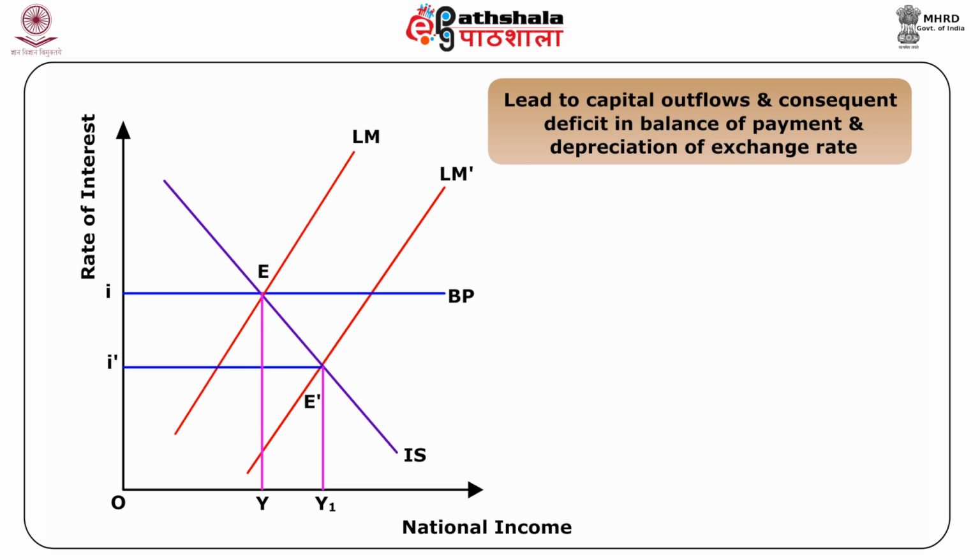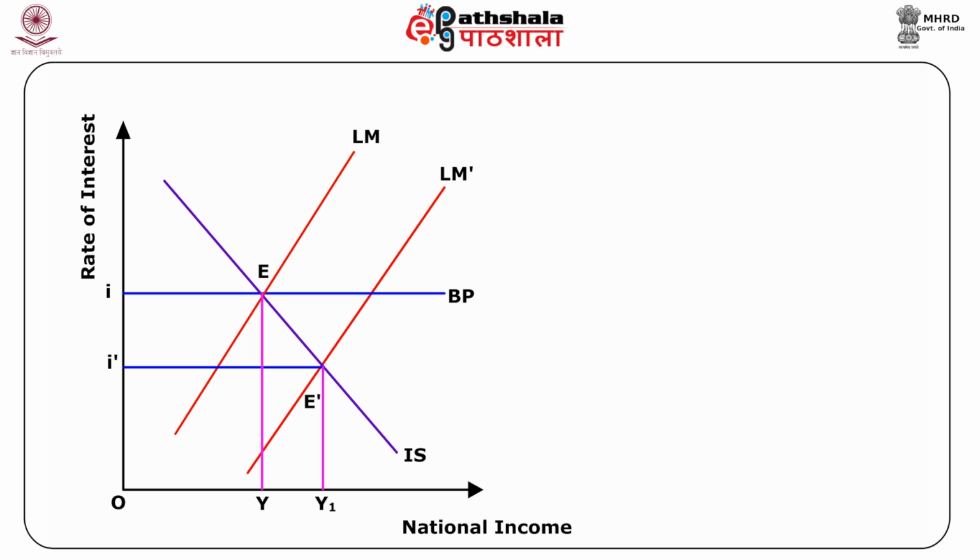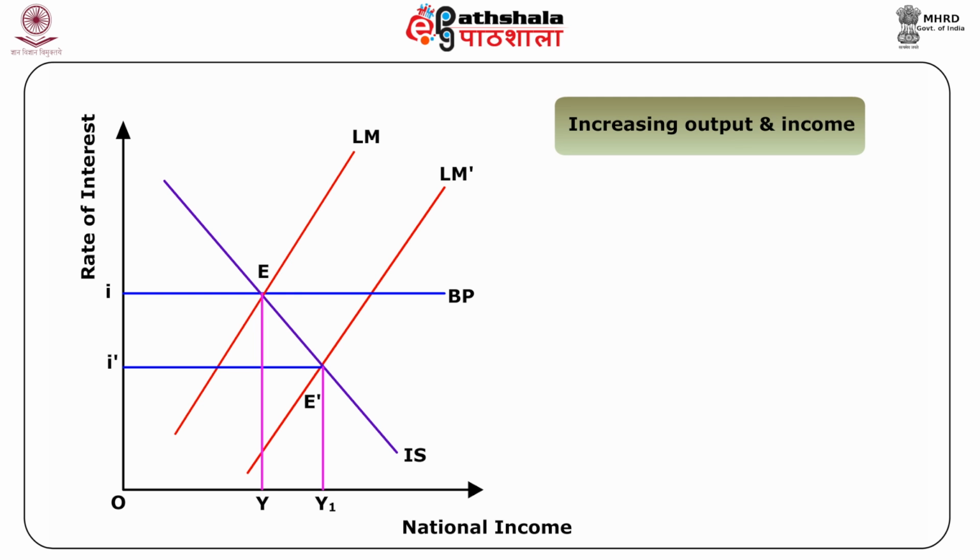These lead to capital outflows, the consequent deficit in the balance of payments, and the depreciation of the exchange rate. Depreciation increases the demand for domestic goods in the foreign country, thereby increasing the output and income.